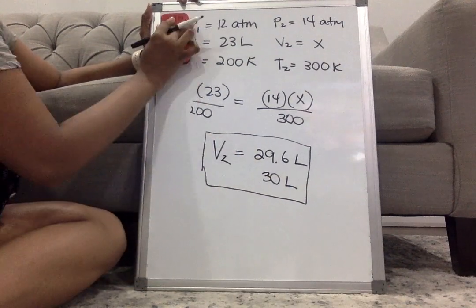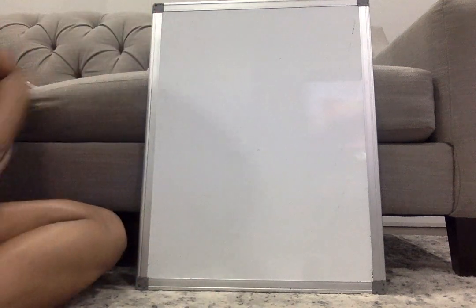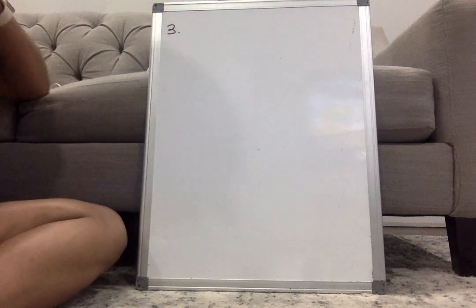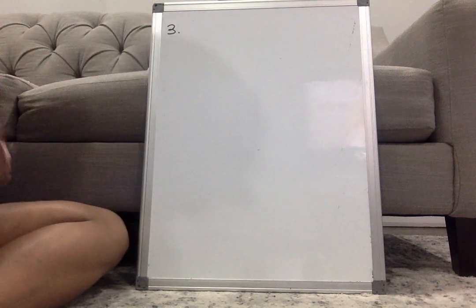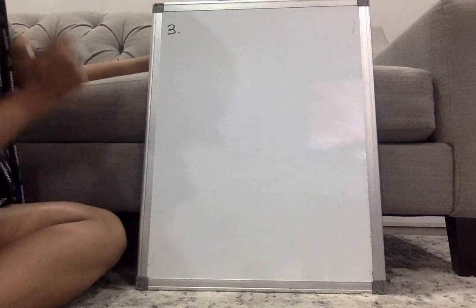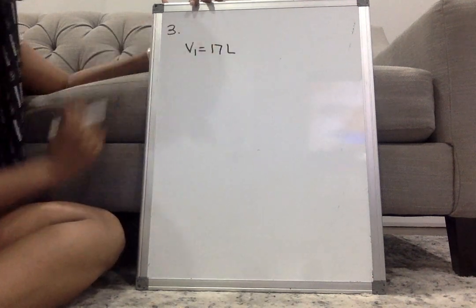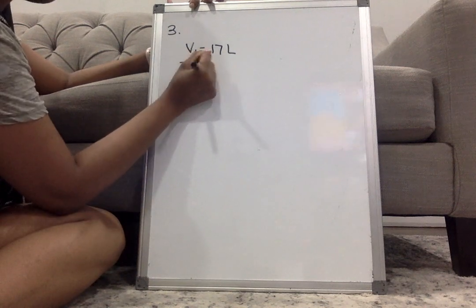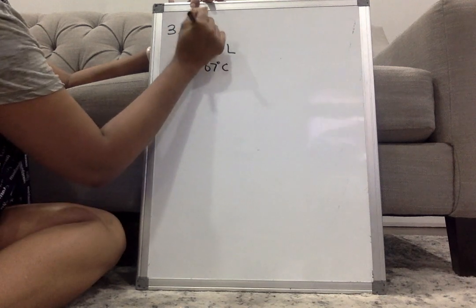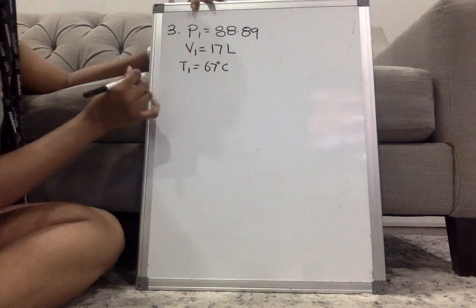Okay. Moving on to number 3. Number 3, there were a lot of people that got the answer wrong, but I gave it to them because they were off by 5. You'll see right now. If I have 17 liters of a gas, so V1 is 17 liters, at a temperature T1 of 67 degrees Celsius, we will have to change that to Kelvin, and our pressure is 88.89 atmospheres.